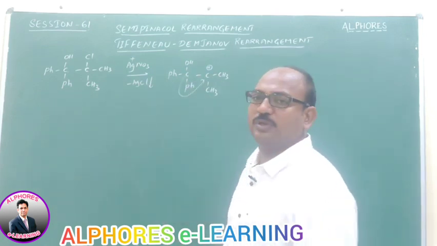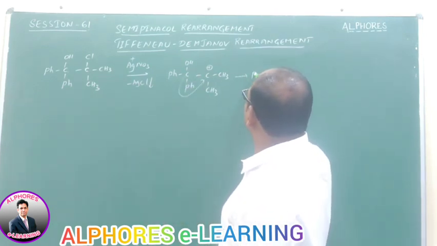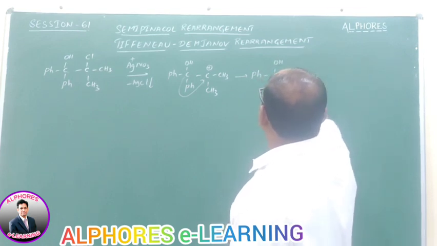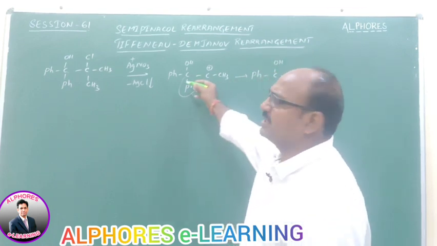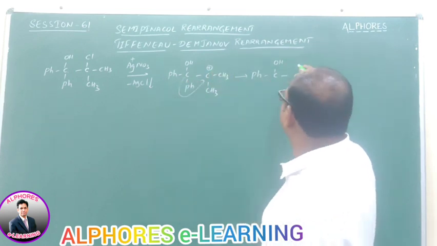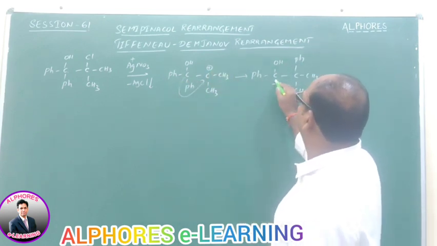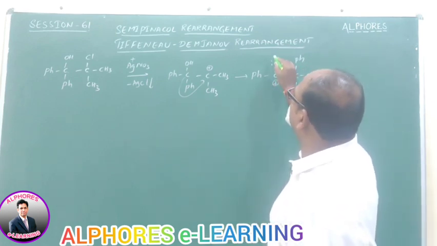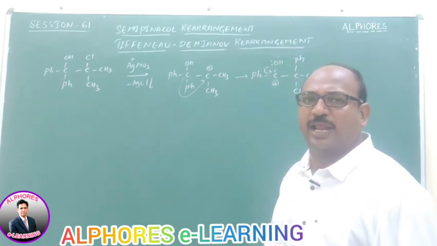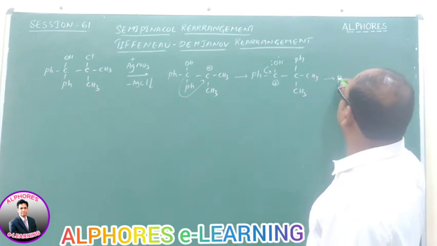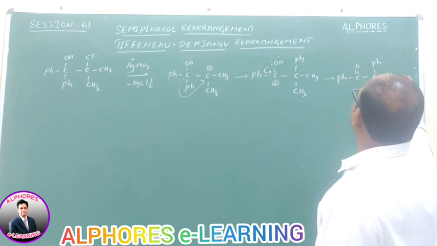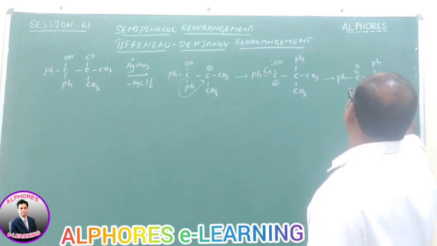Migration of the phenyl group, and we get the product Ph, C, OH, C, CH3. Because of this phenyl migration to this carbon, this carbon gets the phenyl group, and now this carbon is going to bear a positive charge. Now the oxygen donates an electron pair, and we get Ph, C double bond O, C, Ph, CH3 and CH3.